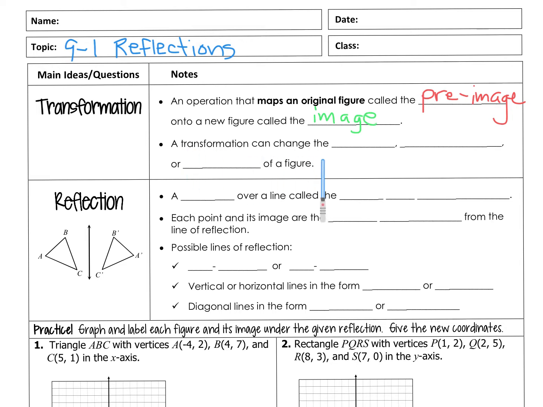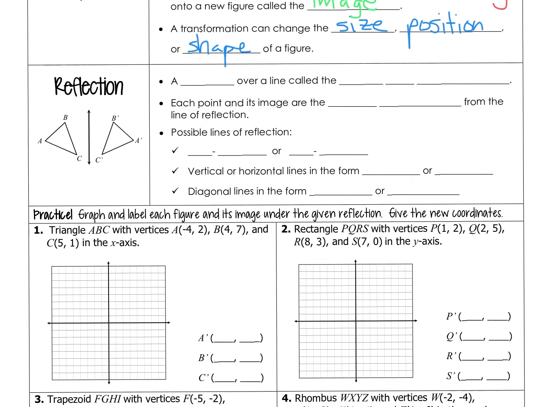A transformation can change the color, it can change the size of your figure, it can change the position or its location, or it can change the shape. So the shape can go from a parallelogram to a trapezoid, whatever it might be. And so we're going to focus today on a reflection.